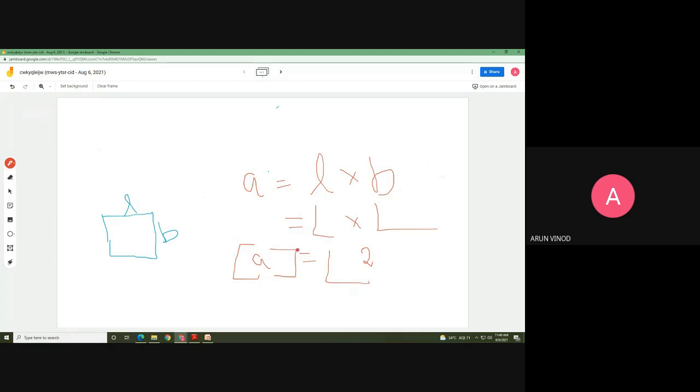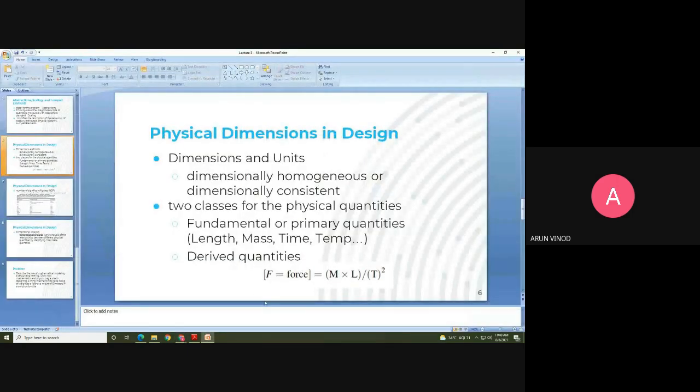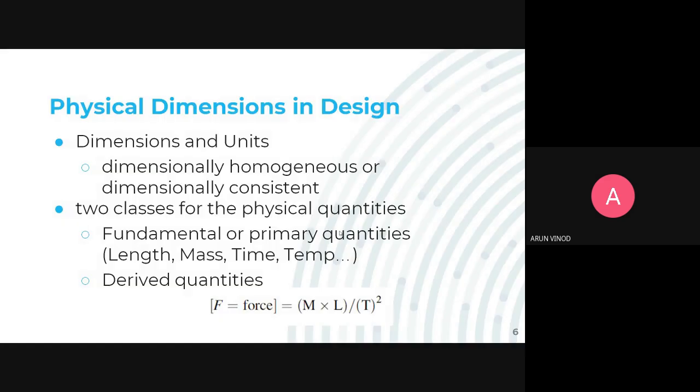The unit of the left hand side should be equal to the right hand side. For example, in this case, what is the unit of force? It is Newton. So Newton is equal to mass into length by time square. The left hand side should be equal to the right hand side, which proves that it is dimensionally homogeneous. With the help of this, you are checking whether the physical dimensions in the design are consistent.